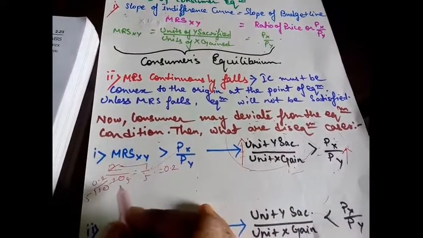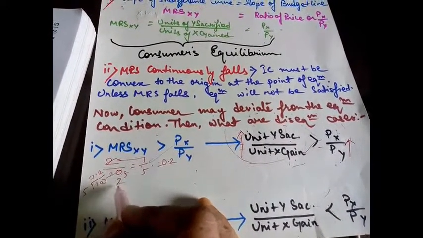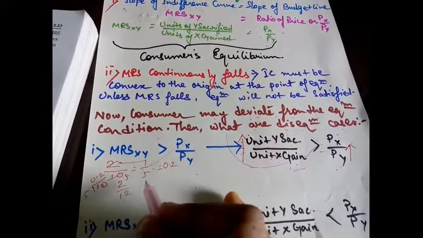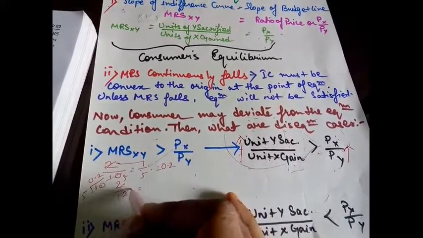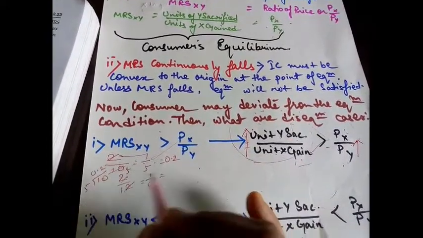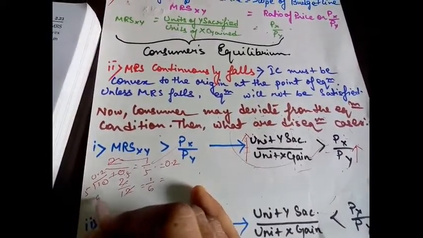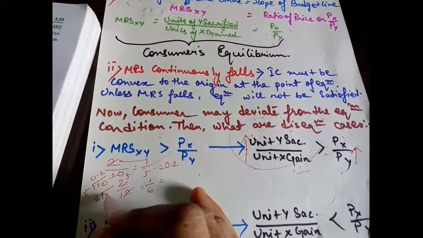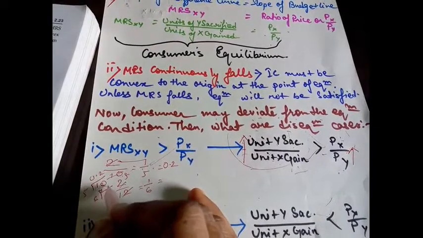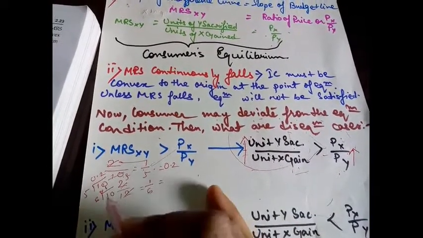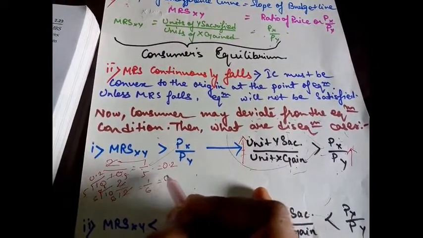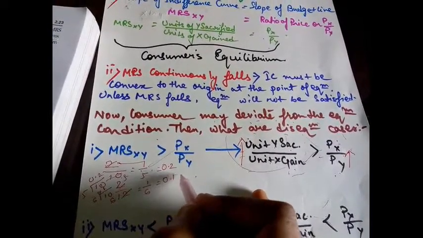Now I am increasing the numerator. 2 by 12, see, it is reducing, something like 0.1 something.